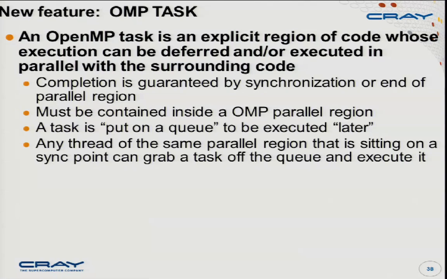So an OpenMP parallel region encompasses an entire region, and then a task might be a sub-region that says, oh, this task can be executed at the same time as everything else. Completion is guaranteed: when you hit the end of the parallel region, the task is done. And no OpenMP threads, whether they participated in the task or not, can go further than that. Like I said, it must be contained in an OpenMP parallel region.